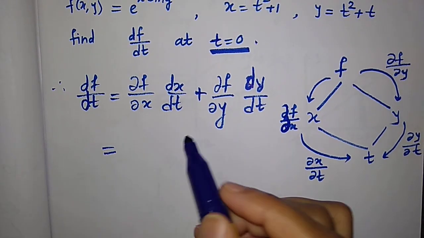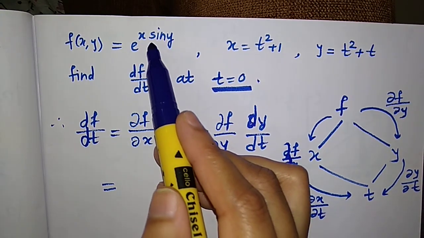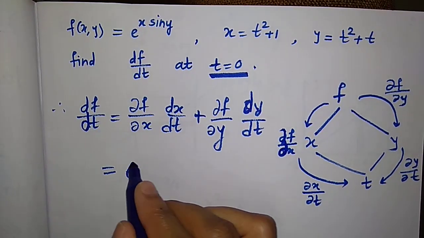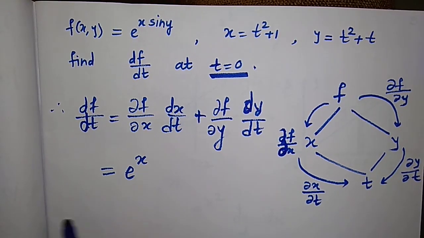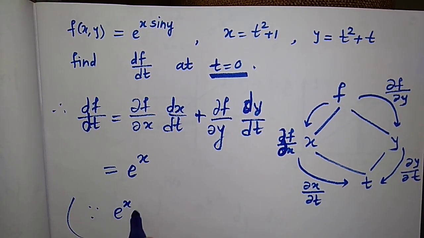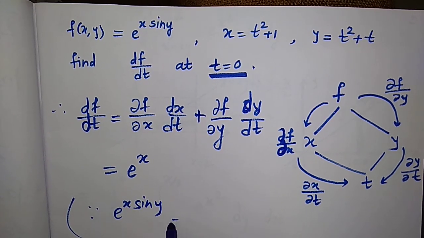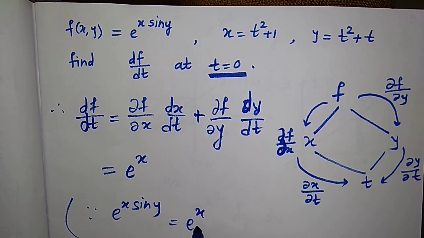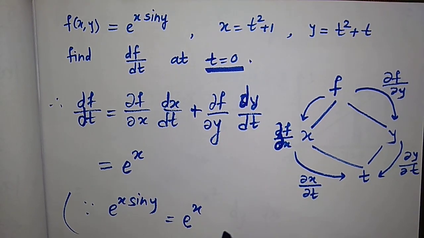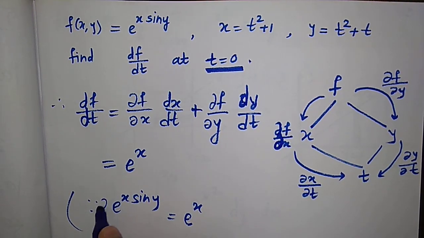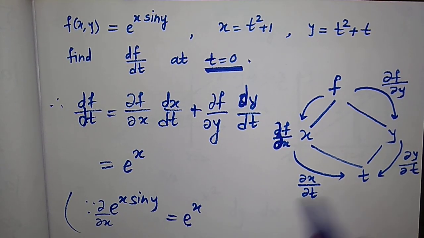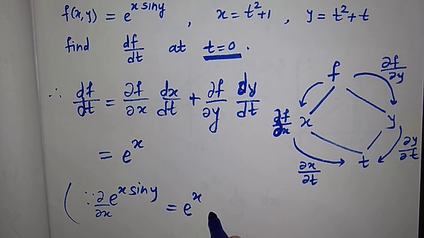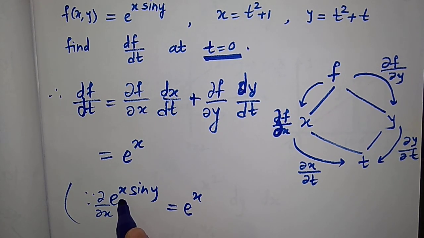When you differentiate e raised to x into sin y with respect to x, we will get e raised to x as it is. Now you use the partial derivative rule.